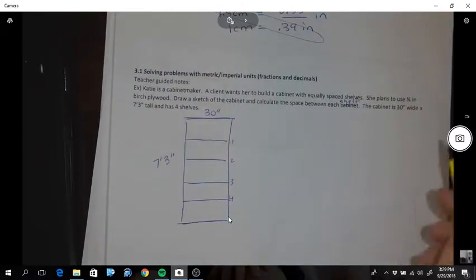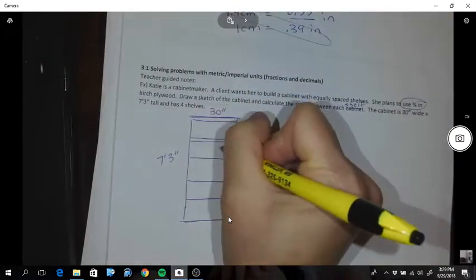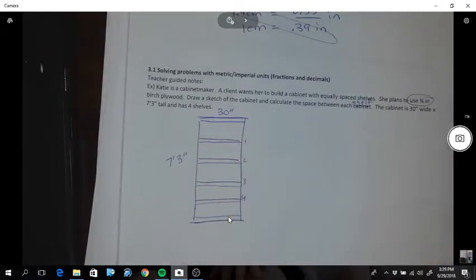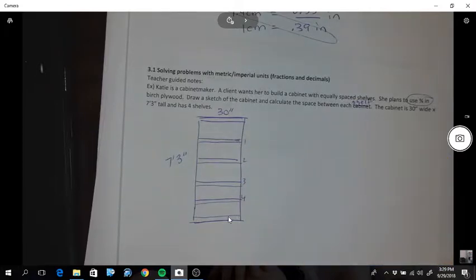Okay, so we have to consider that each shelf or piece of plywood is 3/4 inch. So this thickness is 3/4, this, and this. So on our height, we're going to lose all that space.